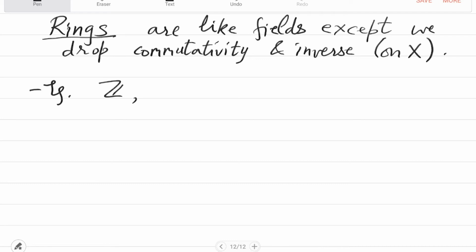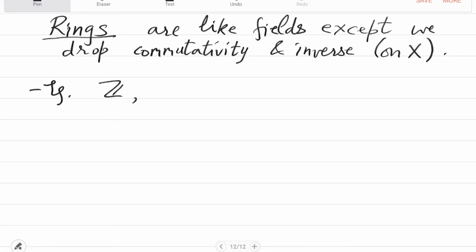In multiplication commutativity is there, but inverse is missing sometimes. Well, actually most of the time. So in the integers, what are the elements which have inverses? Yeah, so plus minus 1 are the only units, which means they have inverses.